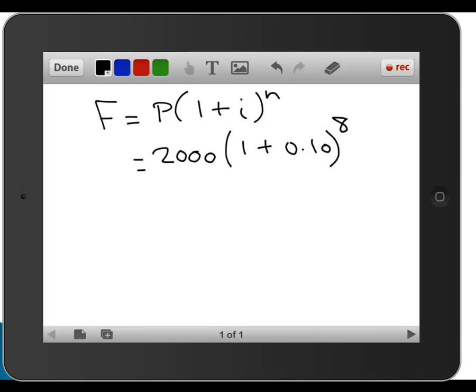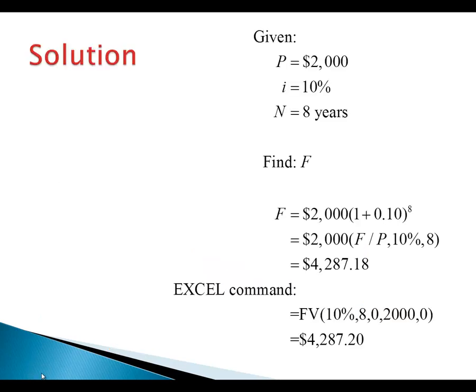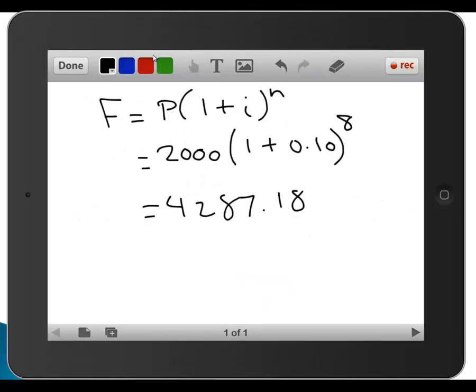This is my equation, and as we used to do, we can just calculate the value. We'll find that the value is $4,287 and 18 cents. So the first method is to do the normal calculation using the calculator.